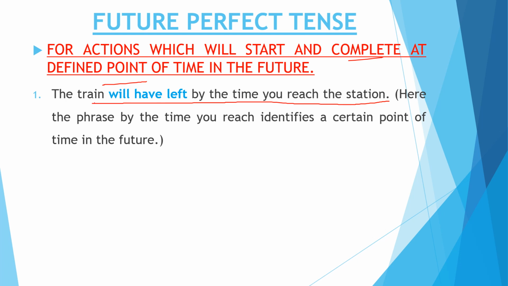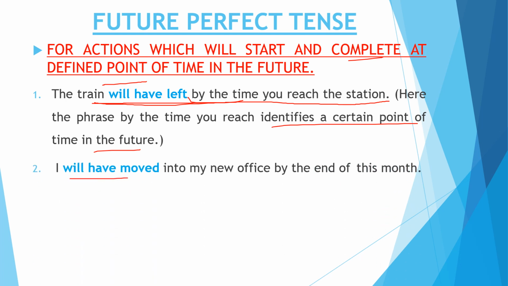The train will have left the station by the time you reach. Here, by the time you reach identifies a certain point of time in the future. Next example: I will have moved into my new office by the end of this month.